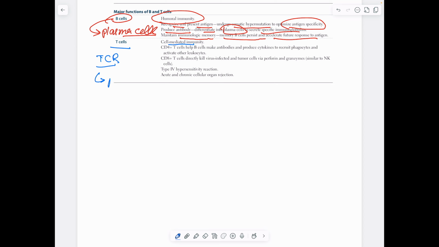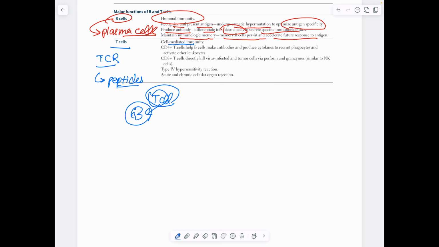What is antigen presentation to the T cell? The T cell only recognizes an antigen when it is presented. For example, here is one microorganism and a T cell is standing there. It will not attack or do anything with this microorganism, because it's in its own attitude.